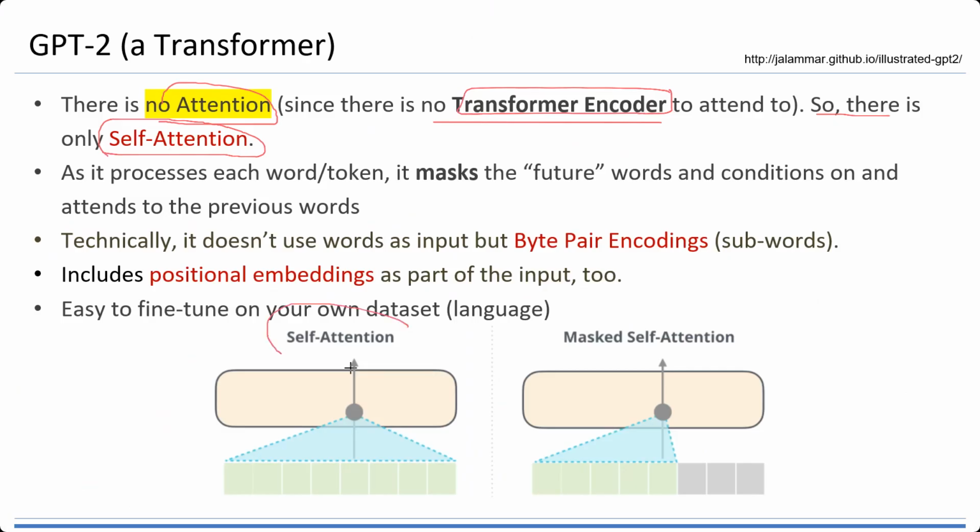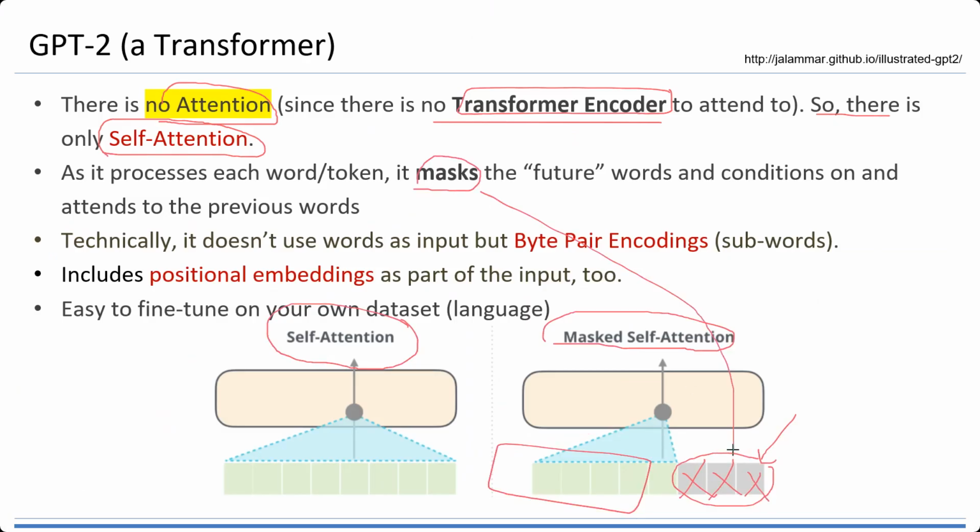So do you know about the difference between the self attention and masked self attention? If we want to mask something, mask means we put this text, and we mask it. So we assume that there is no word for this one. We call this mask. Okay, we mask this one, and then based on the previous words, we want to generate what is the possible sentence, what is the possible sequence.